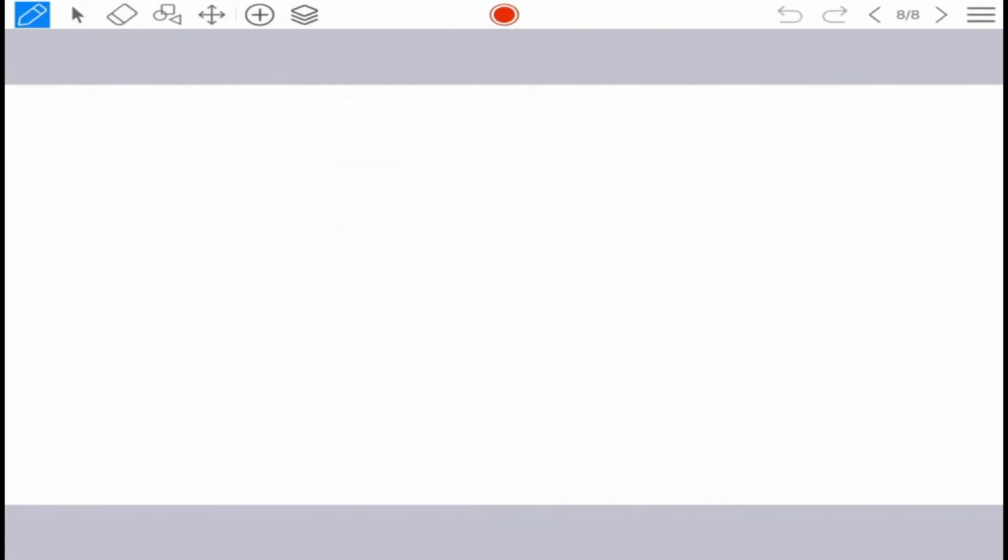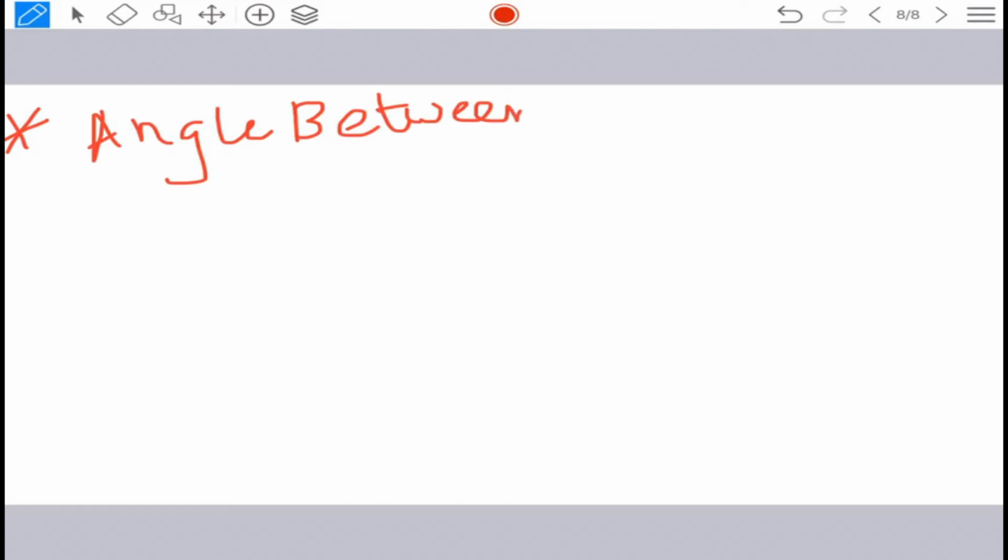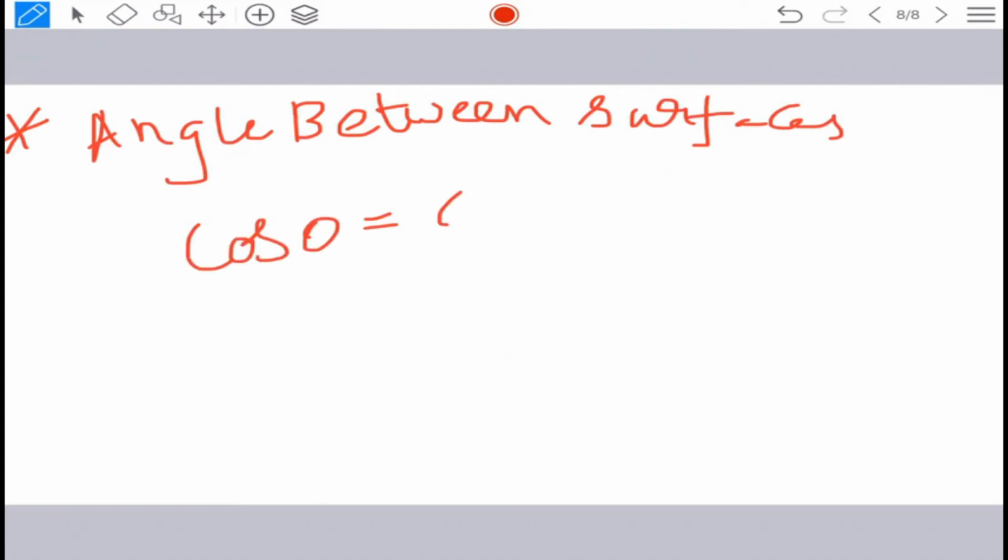Okay, the last and final point is how to find the angle between surfaces. Here is the formula that we will measure with cos theta.